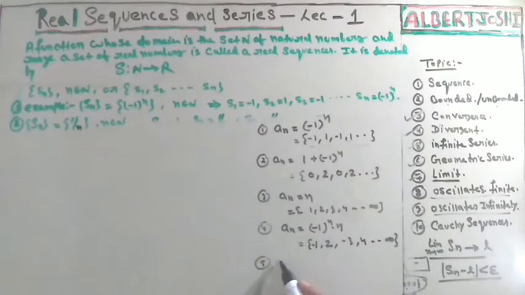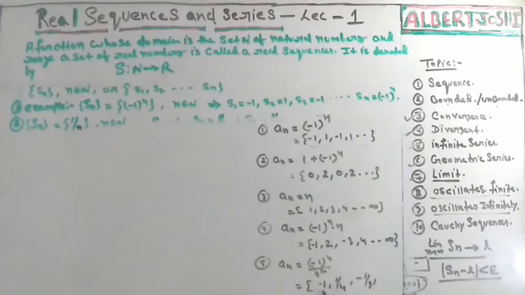Now the fifth, we are taking a_n = (-1)^n upon n squared. Now in this condition, for 1 you have minus 1. If you put 2, you have 1 upon 4. For 3, you have negative 1 upon 9.